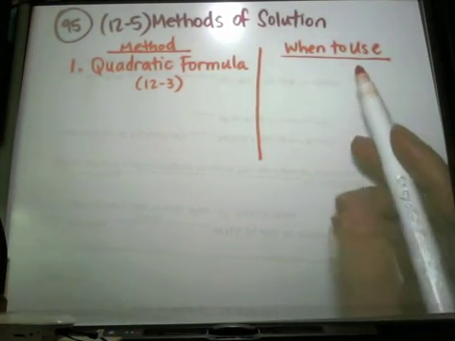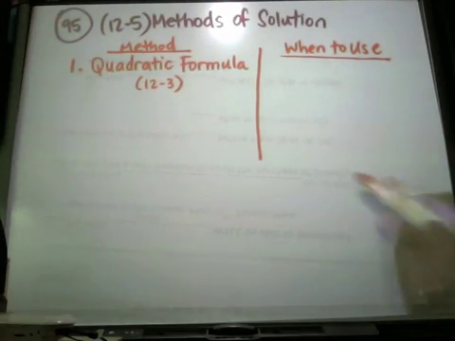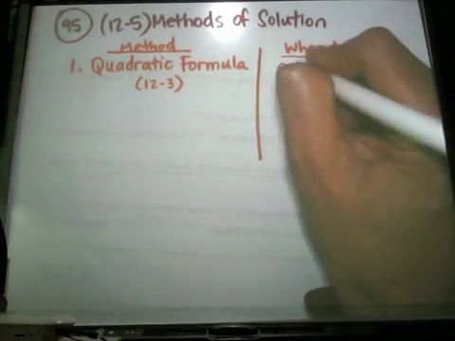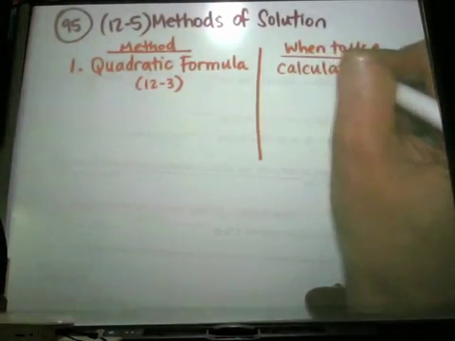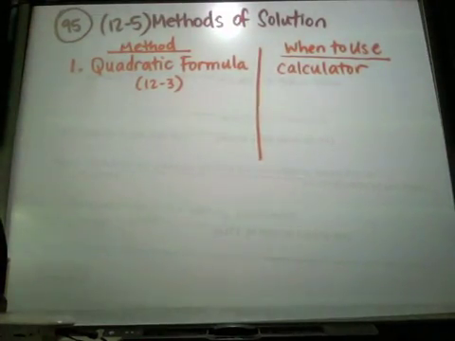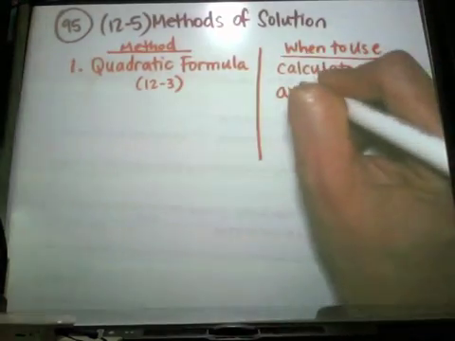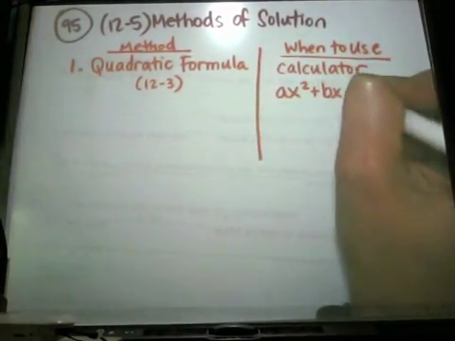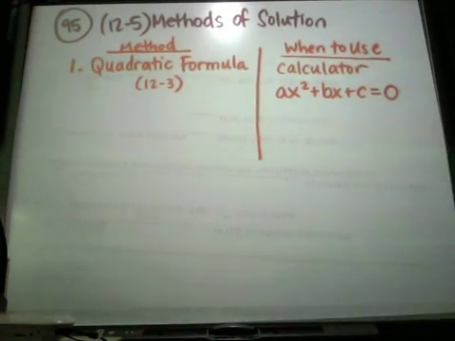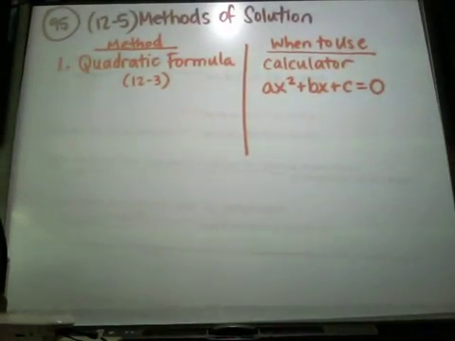Okay? So, when do we want to use the quadratic formula? First of all, when you want to use your calculator. Now that's simple. Of course, you get to use your calculator here for pretty much everything. But the other thing is when the equation either looks like this, or you could easily make it look like this.